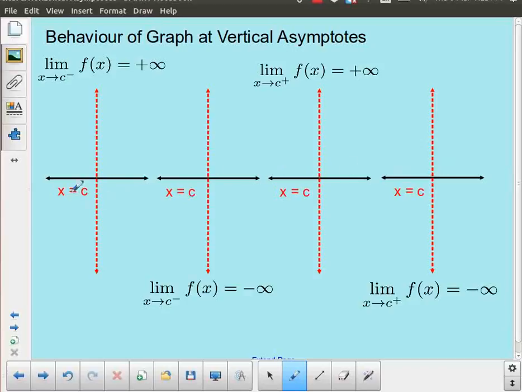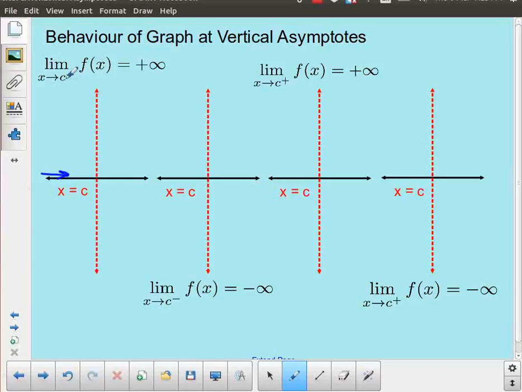So the limit as I approach c from the left means I'm coming along this direction. Here is c, this red dotted line represents x equals c, and I'm approaching it from a value to the left. So that's what it means when we say the limit as x approaches c from the left.